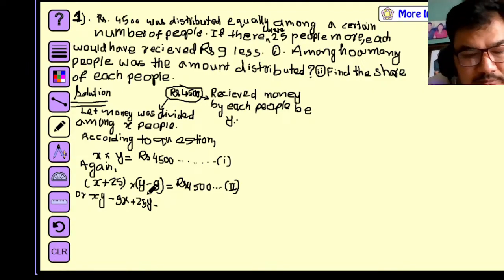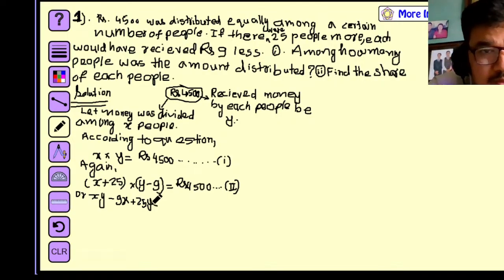It is 225, so minus 225. Then equals rupees 4,500. It remains the same.